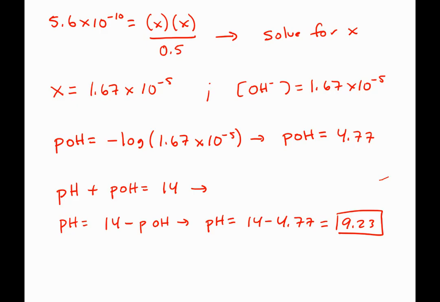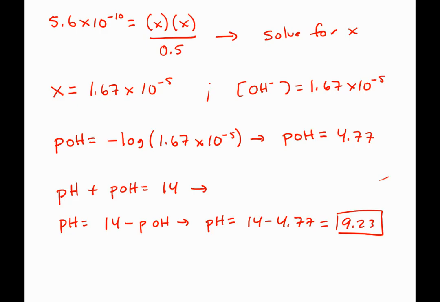One thing that's really important to keep in mind is that when you do the stoichiometry, you must use moles. When you do the equilibrium portion of the problem and you make an ICE table, you must use concentration. And so you have to take any mole amounts that you have and divide them by the total volume of solution to get the concentration so that you can solve the problem correctly.